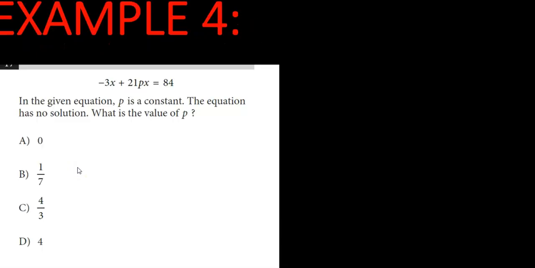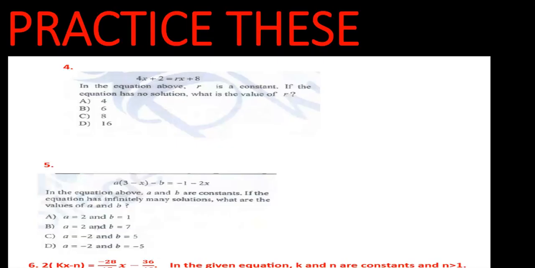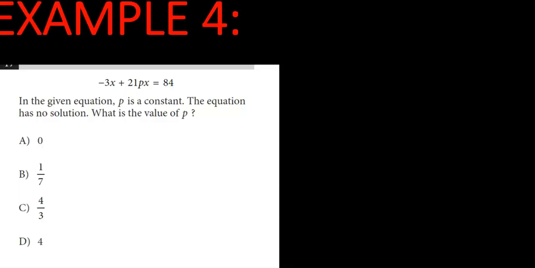Next question. Look at this question here. It says if -3x + 21px equals 84, what is the value of p for it to have no solution? So what you do here is, I have -3x + 21px. I will factorize.